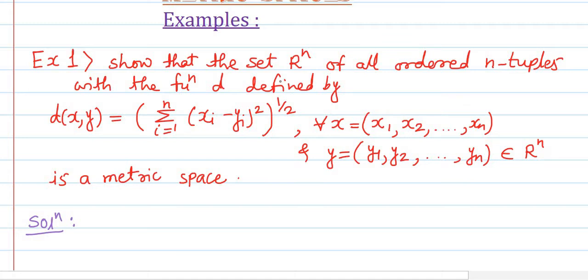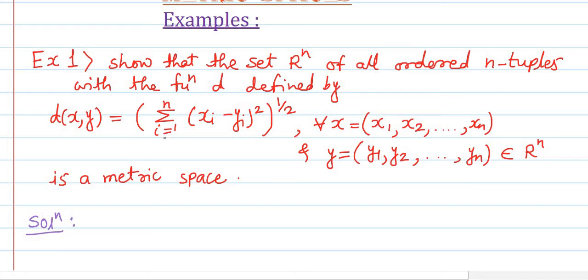So first of all, if we check the non-negativity, then we know that if xi and yi are real numbers, then the difference of real numbers is again a real number, and square of any real number is non-negative, and summation of n non-negative real numbers is again a non-negative, and its positive square root is again non-negative. Therefore, the first condition, non-negativity, is satisfied here.